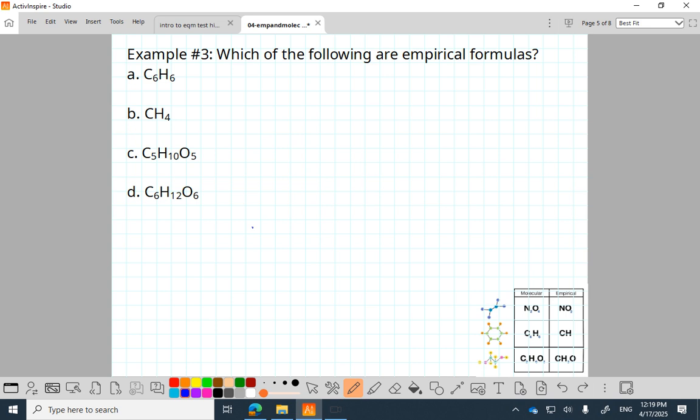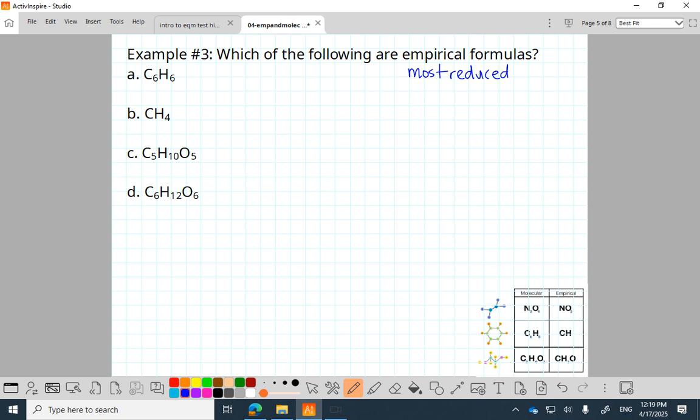So another type of question is something like this. If you are checking if something is an empirical formula, it has to be reduced fully. And sometimes it's super obvious. If they are both 6, is that reduced?